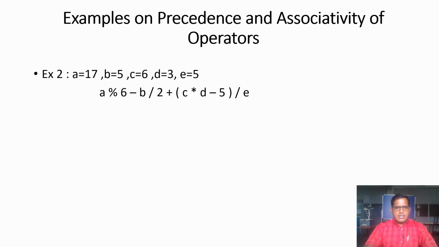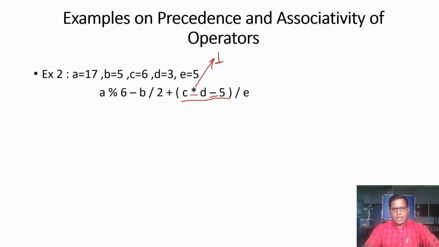Then the next one: A mod 6 minus B divided by 2 plus C multiplied with D minus 5 divided by E. In this expression, first of all the bracket is solved. The top priority is given to the bracket, and inside it we have two operators: multiplication and minus. The top priority goes to the multiplication operator, so it is evaluated first.